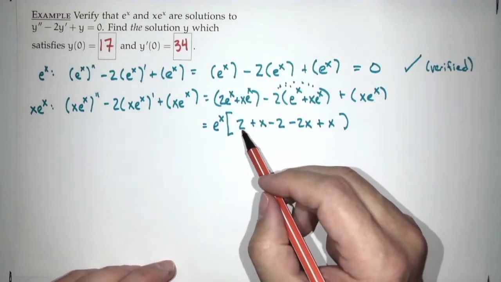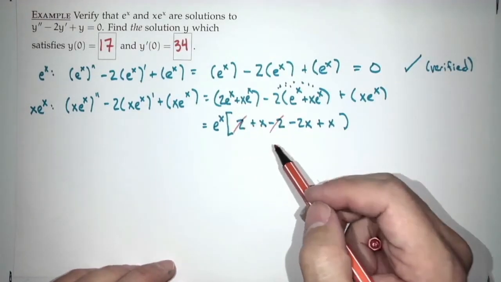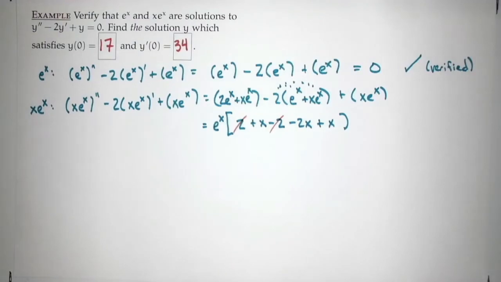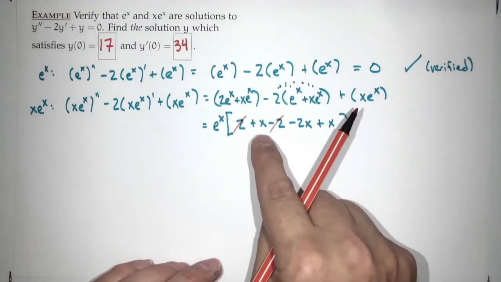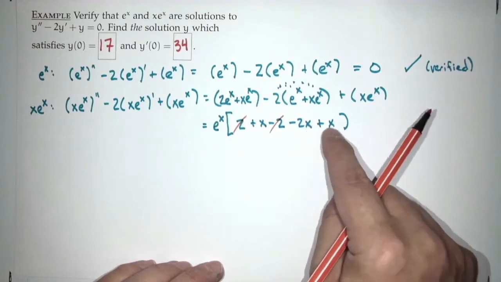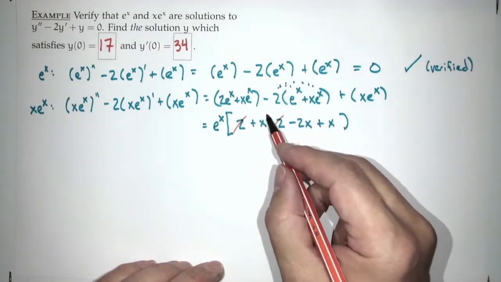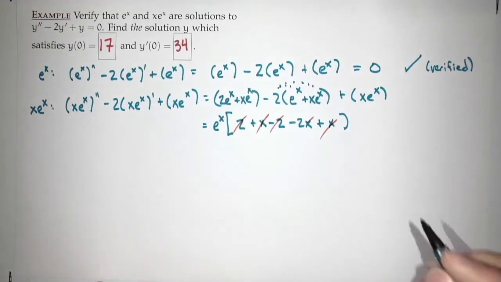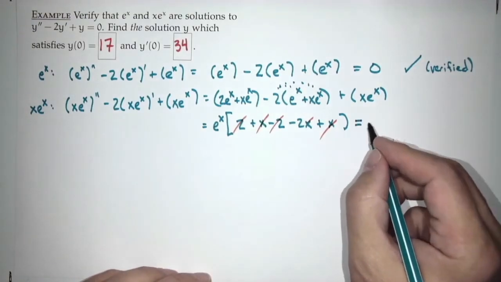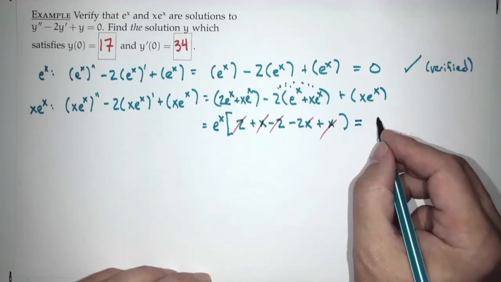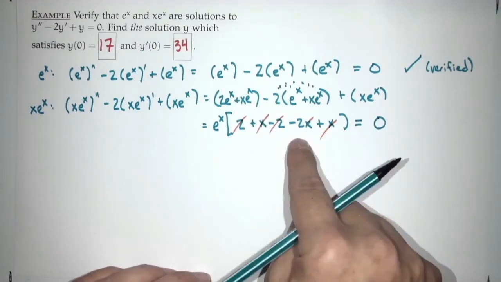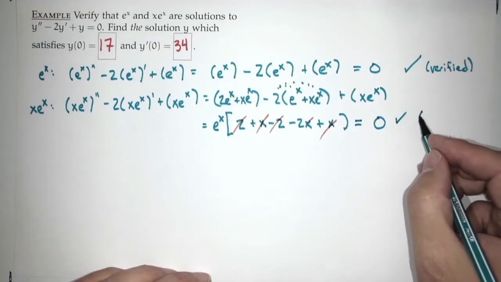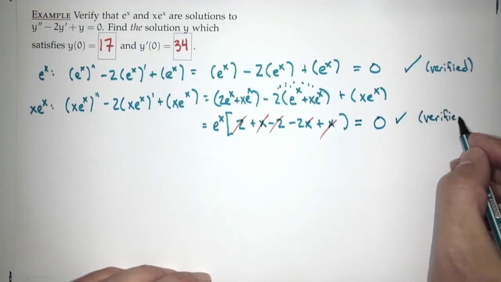The constants, we have 2 minus 2. Pew, pew. Canceled. How about the x's? X minus 2x plus x. Cancel. Pew, pew, pew. Now, you don't need to make the sound on the exam. You know, of course, people are like, oh, I know what problem they're working on, the one with all the pew sounds. Okay. So, we get 0, because everything cancels. This is 0 times e to the x, which is 0, which is what we want. So now this has been verified.